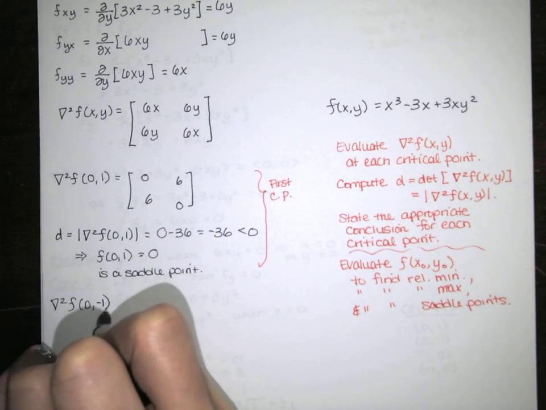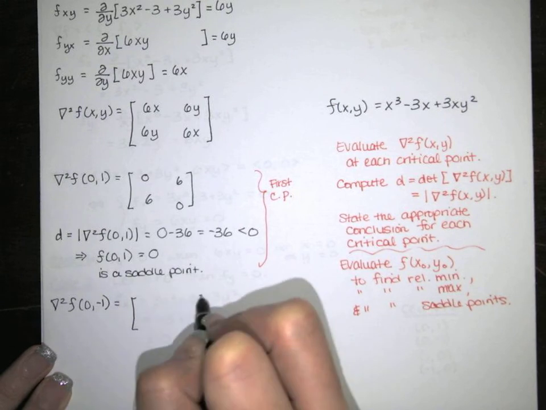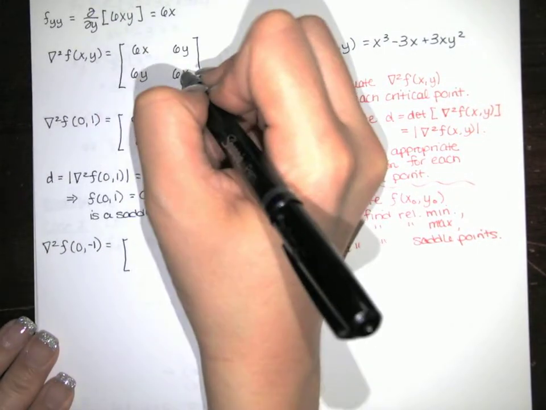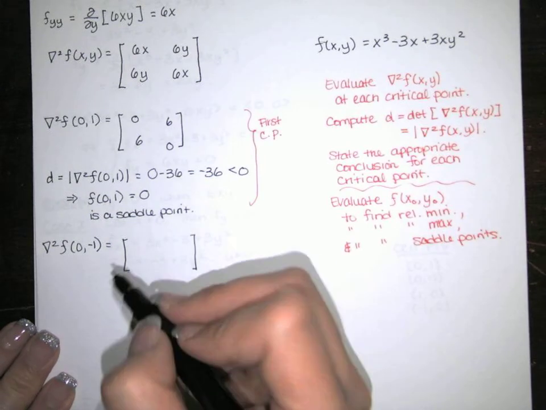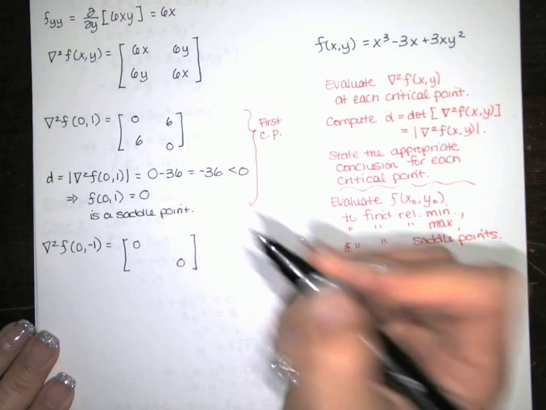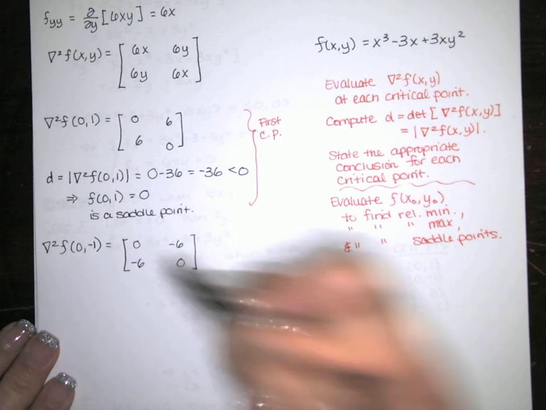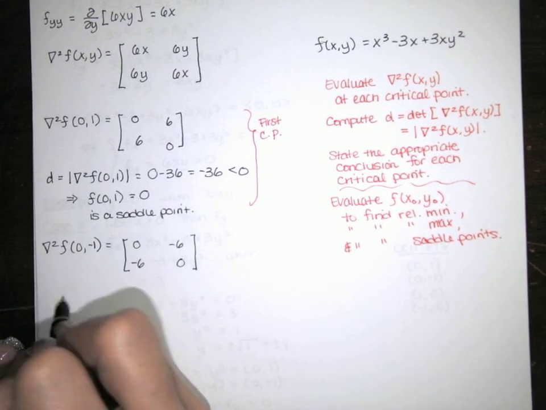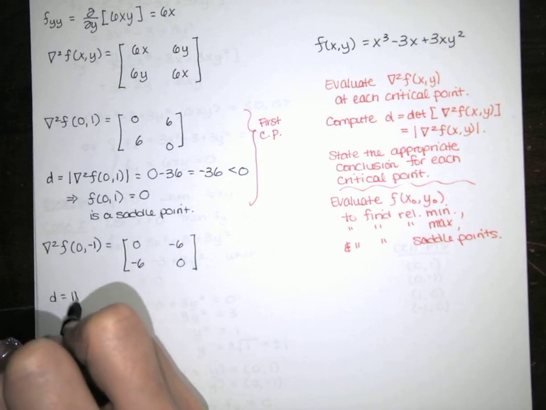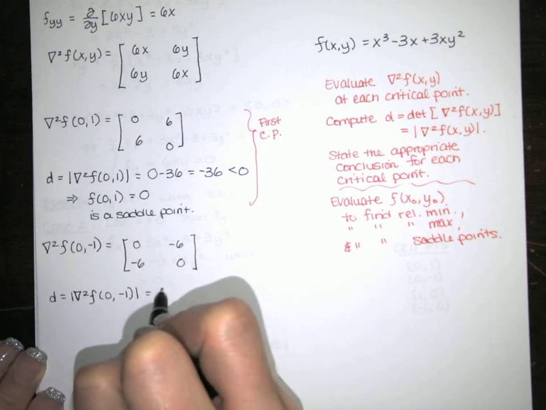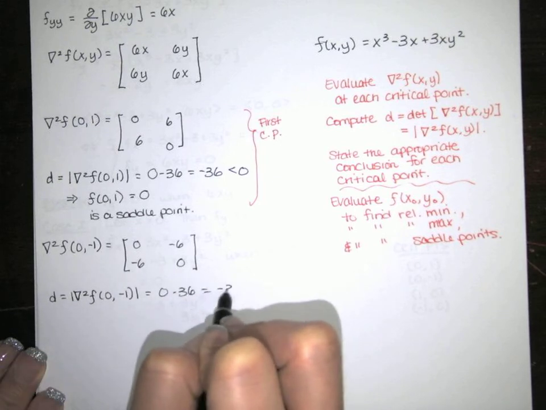f of 0, negative 1 is sure to be similar. If x is 0, this is 6x and 6x on that diagonal, so we'll get 0 and 0 again. On this diagonal, we have 6y and 6y, so we'll have a negative 6 and a negative 6. Okay, well then the determinant of that is still 0 minus 36, which is negative 36.